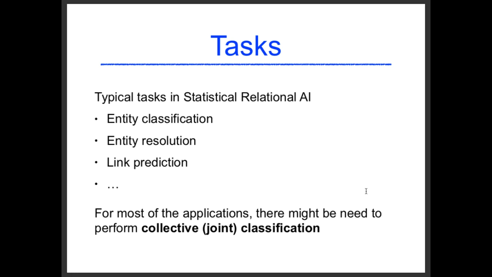Sometimes you also want to do what is called entity resolution, which means you have entities in your world, but some of these entities are actually the same thing. The typical problem here is authorship resolution in a citation network. For example, my name in my papers can be Marco Lippi, can be M. Lippi, can be Lippi M, and so on.